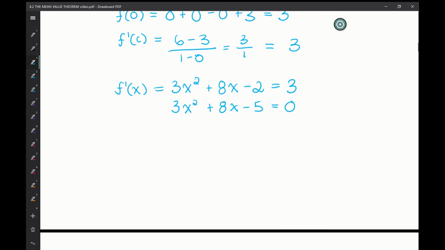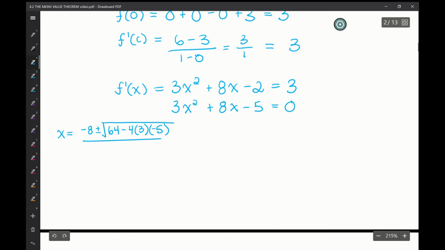Make sure that you always have one side equal to 0 before you use the quadratic formula. So that means the x values we're interested in are x is equal to negative 8 plus or minus the square root of 64 minus 4 times 3 times negative 5, all over 2 times 3.